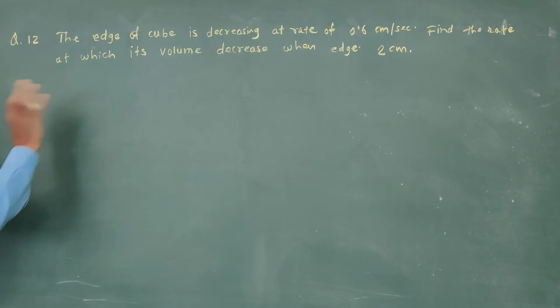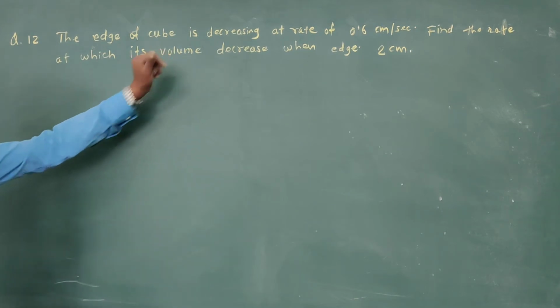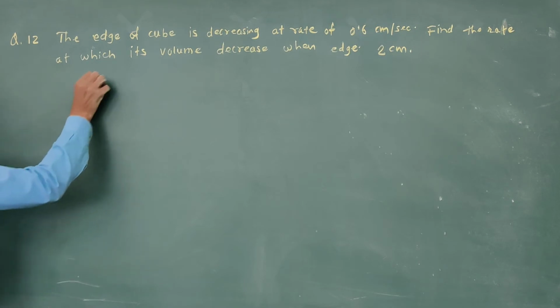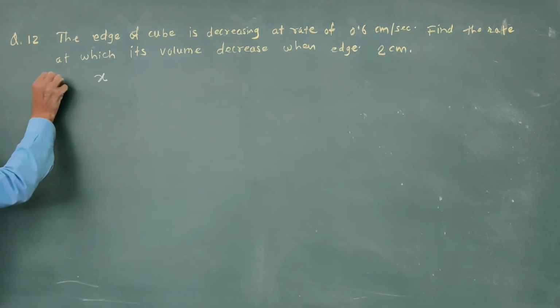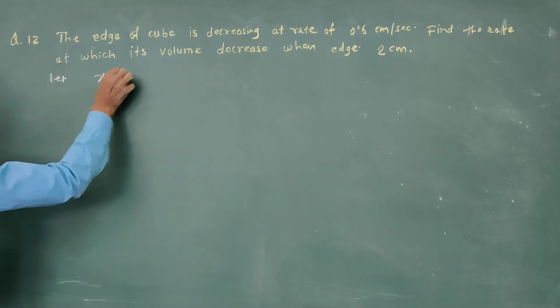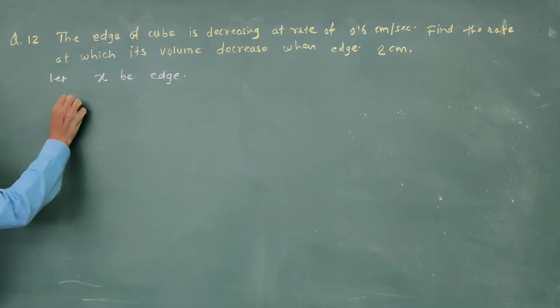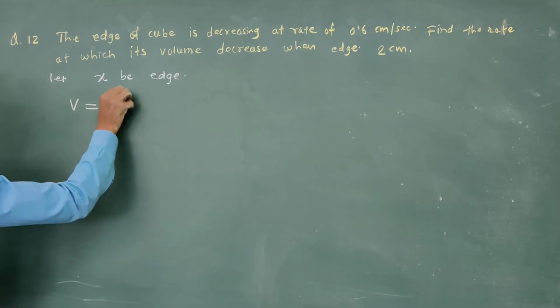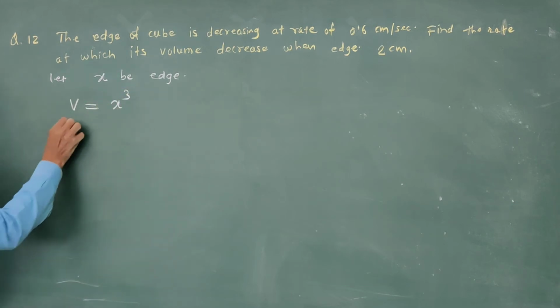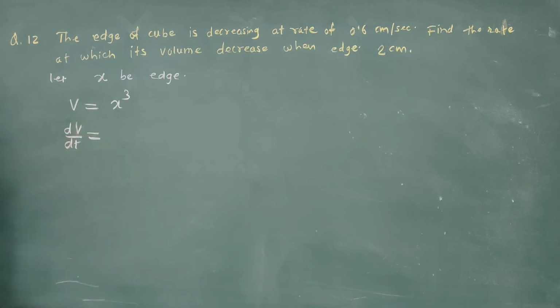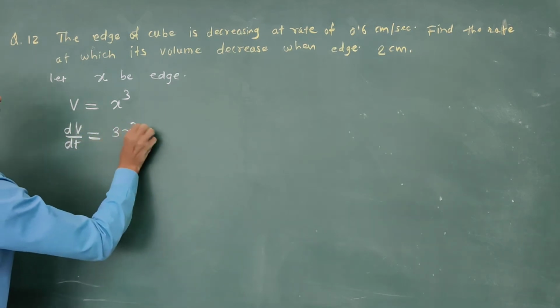Here, let x be the edge of the cube, then its volume is x cube, and dV by dt will be equal to 3x square into dx by dt.